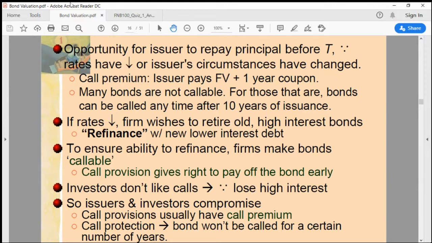Now the problem is, here's the problem. What if things work as your scenario? Then it will be wonderful. If the market cools off and the price comes down, then you will buy at 140. But what if the market doesn't cool off? What if the price doesn't come down?